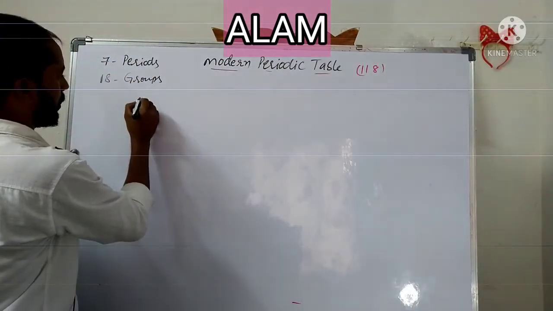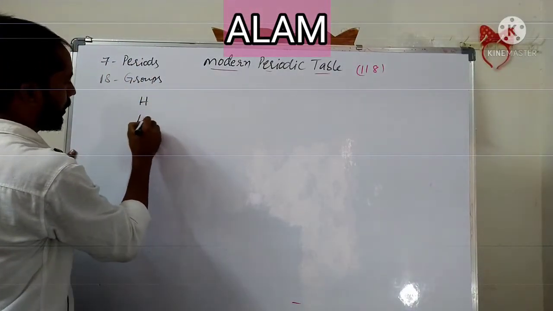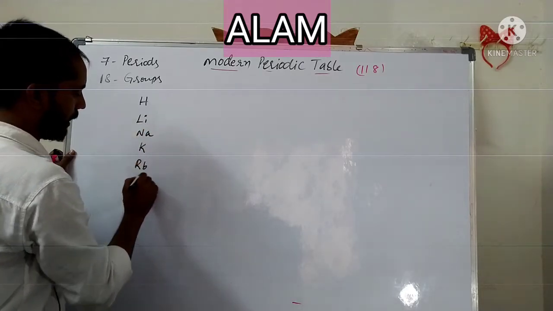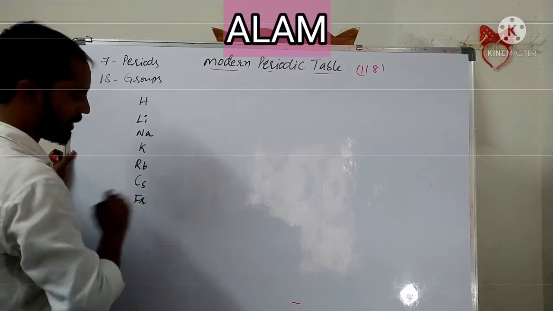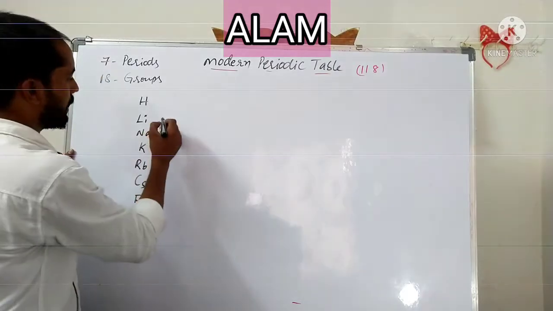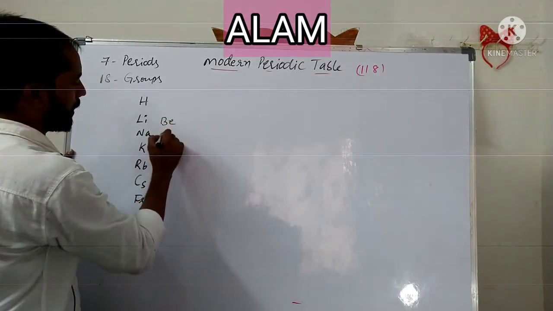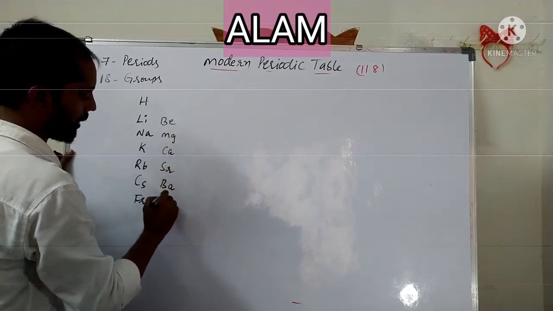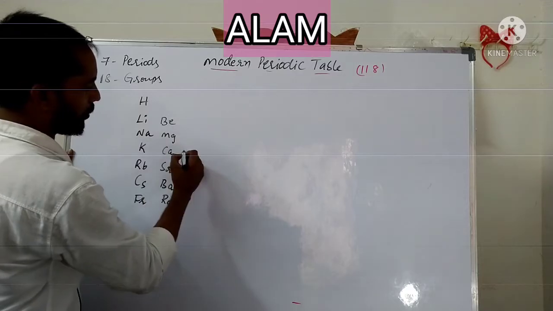The first group contains hydrogen, lithium, sodium, potassium, rubidium, cesium, francium. Next, the second group: beryllium, magnesium, calcium, strontium, barium, and then radium. Here it can be moved.